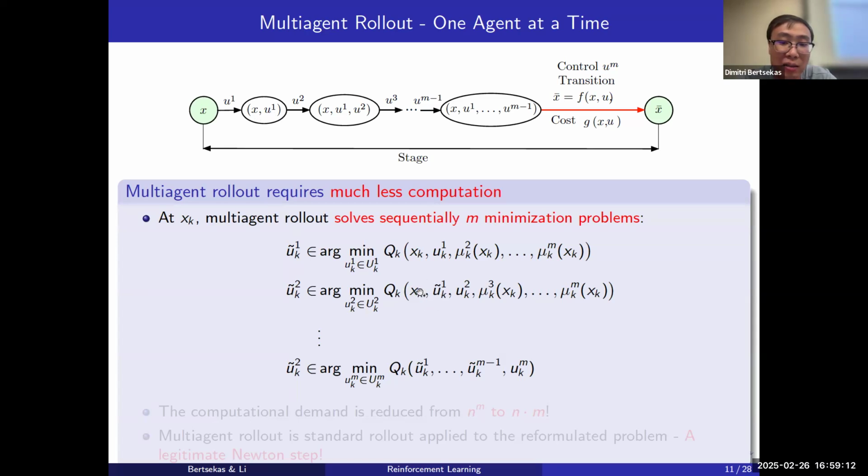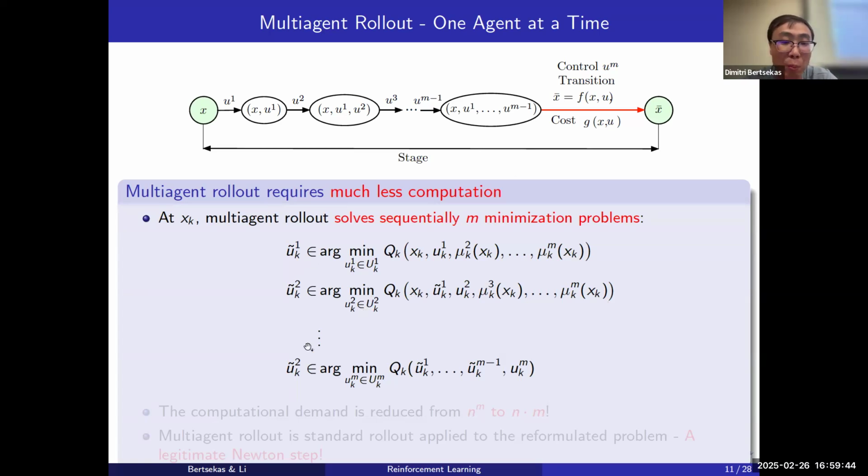And at this state, we select uk2, whereas the subsequent ones are fixed by the base policy, right? So here is the state at this point, and we select control U2, again, from this control component set, not the entire product, but only feasible uk2, and the remaining ones fixed at the base policy.